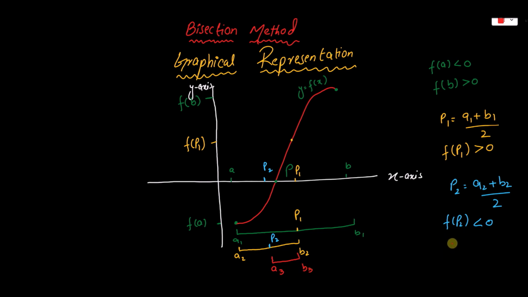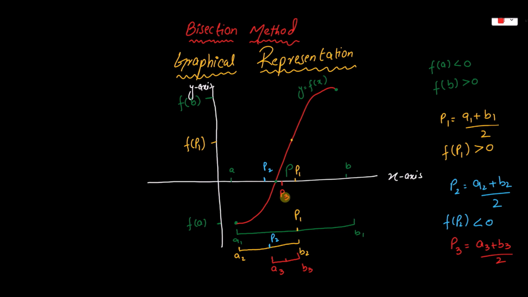Again, we apply the bisection method, P3 equals A3 plus B3 divided by 2. This is the midpoint, and if we search here, here is the midpoint. So this is P3.